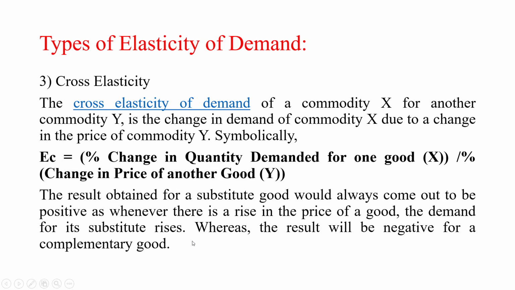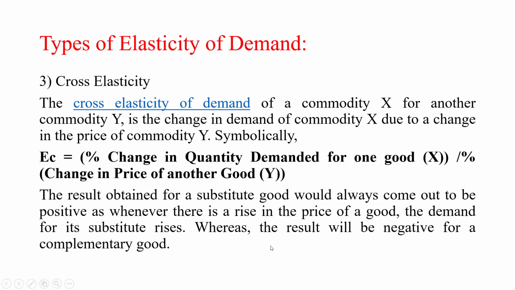What are complementary goods? Complementary goods are used together, like pen and ink, or car and petrol. When the price of a car is increased, the demand for petrol might decrease.